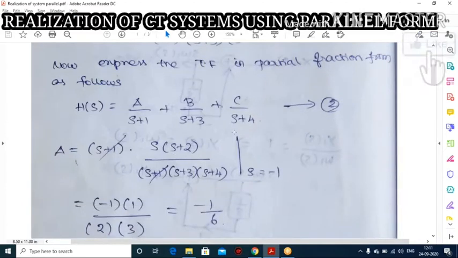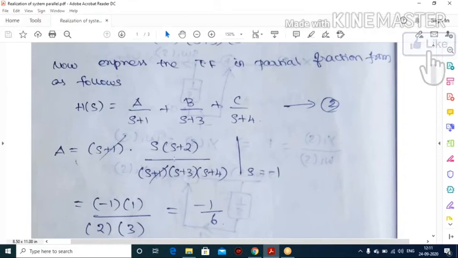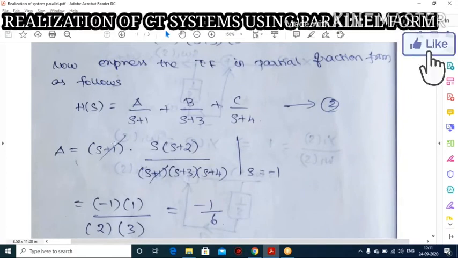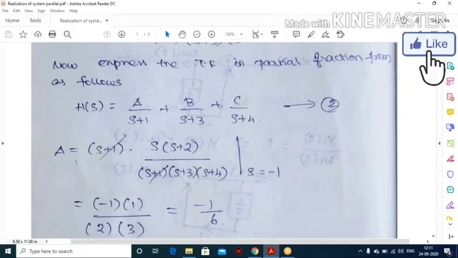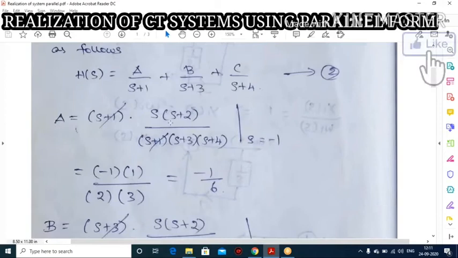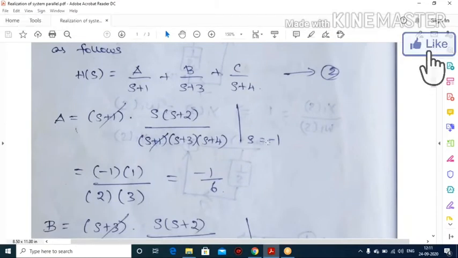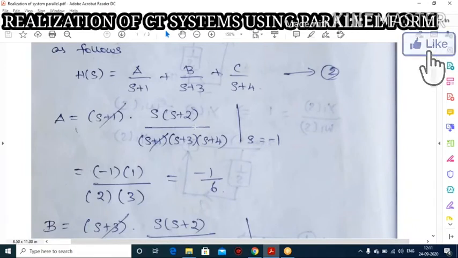Putting S plus 1 equal to 0 gives S equal to minus 1. Am I clear? So here S plus 1 and S plus 1 cancel out. Now you substitute S equal to minus 1 in this transfer function.